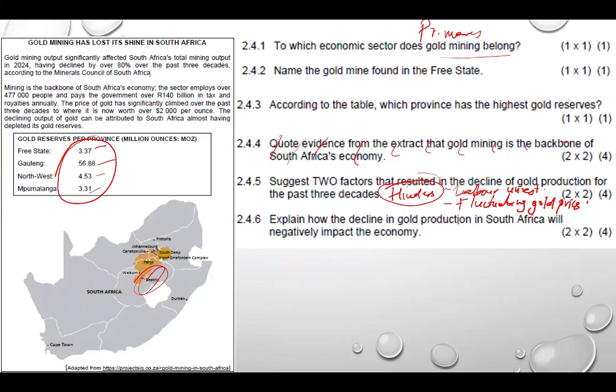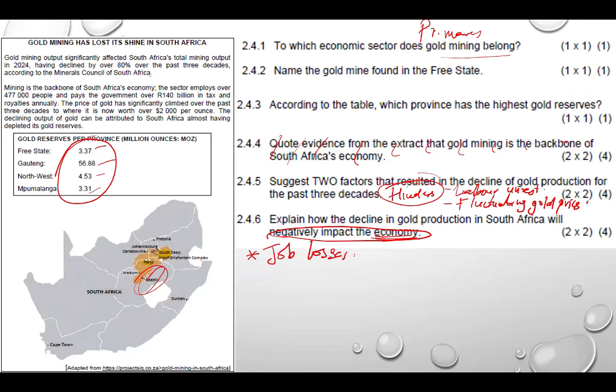Explain how the decline in gold production in South Africa will negatively impact the economy. So when you're looking at the economy, you're not only looking at the economy of the country, because that question does not say the economy of South Africa. It says the economy. So number one, it will result in job losses.